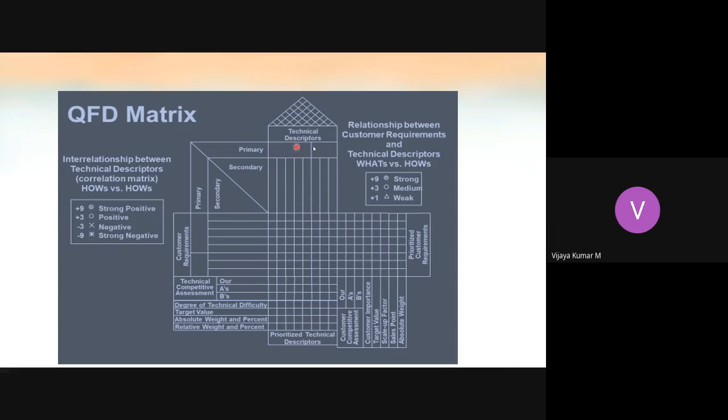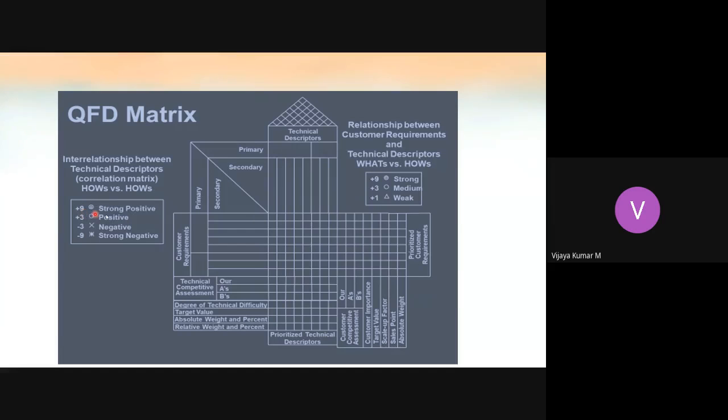In between these two, you will fill here. This is called the correlation matrix. And to fill inside, what is the relationship between this technical descriptor and this primary descriptor, that you will fill at this box. While filling this, you will use this scale.